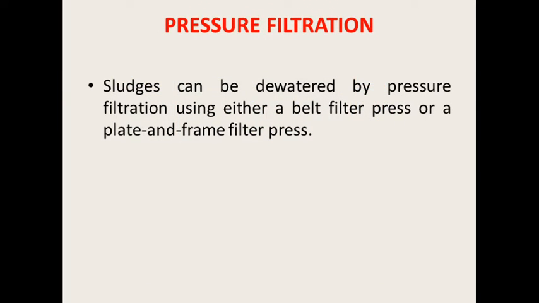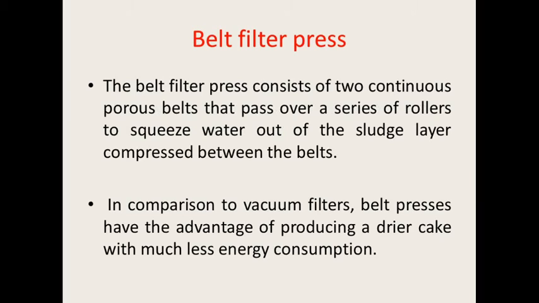Next, pressure filtration. Sludge can be dewatered by pressure filtration using either a belt filter press or a plate and frame filter press. In pressure filtration, the sludge is pressed through a series of belts, so the sludge gets squeezed, separating the water from the sludge.